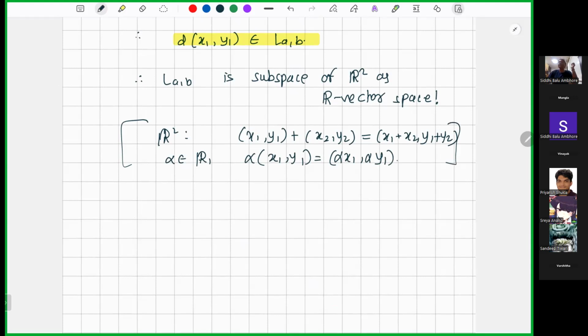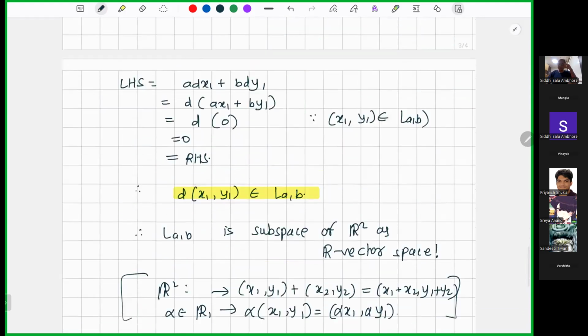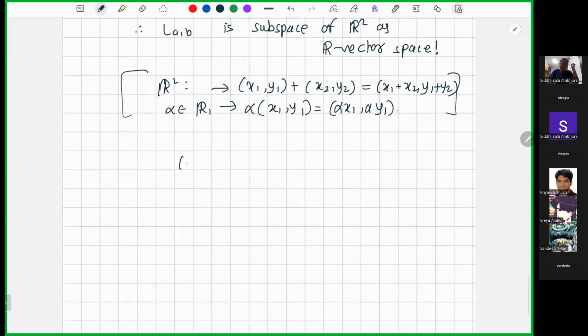So when I'm checking that LAB is a subspace under this scalar multiplication and this addition, I need to check these properties. I can add them in a very different way, for example, some other vector space structure on R2. I can take x1, y1 plus x2, y2 and add them like this: x1 plus x2 and 0.